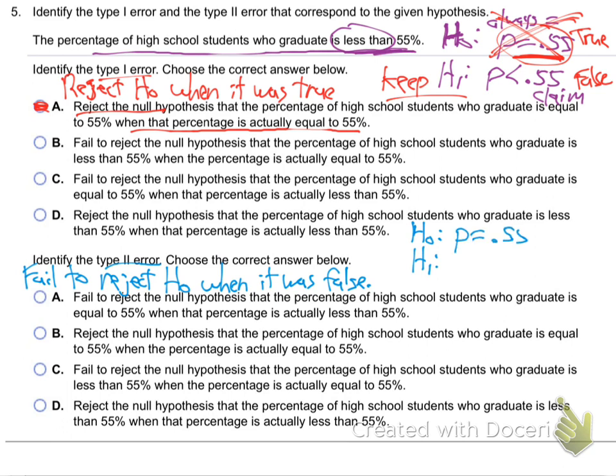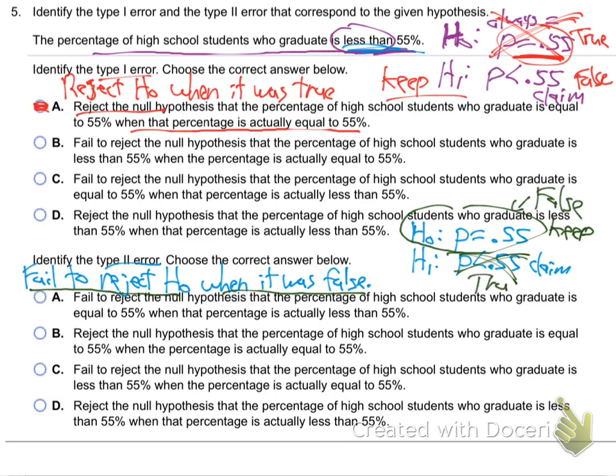P equals 0.55 and P less than 0.55, and this is our claim. This is what they originally claimed, less than 0.55. Okay, so with a type 2 error, we fail to reject the null, so we keep the null. The alternative is true, but we keep the false one.